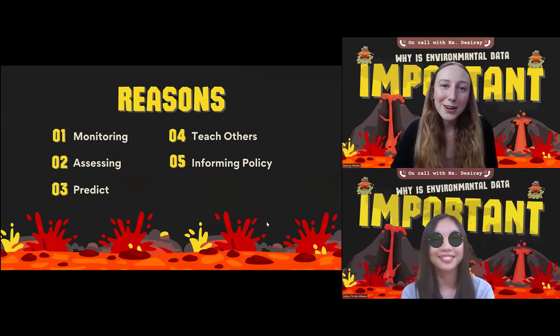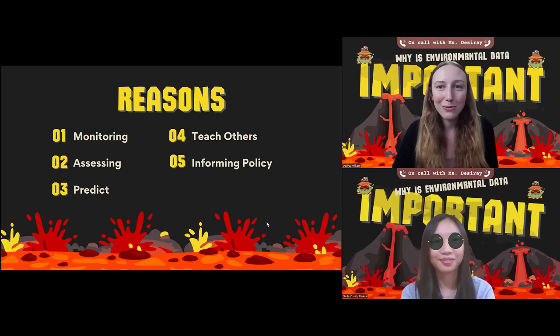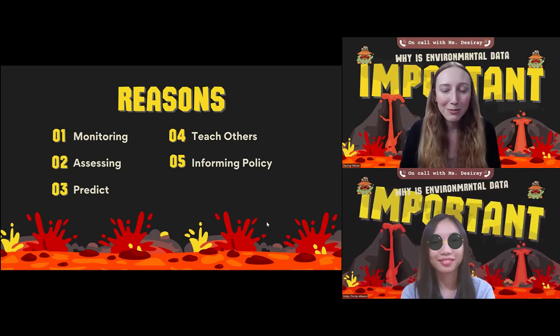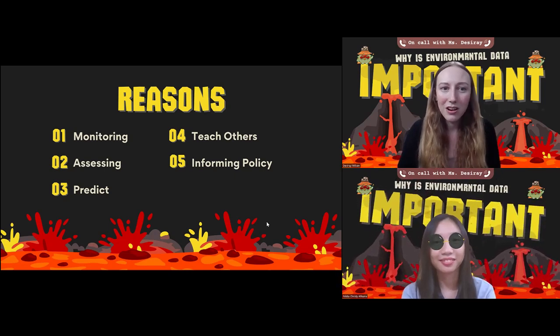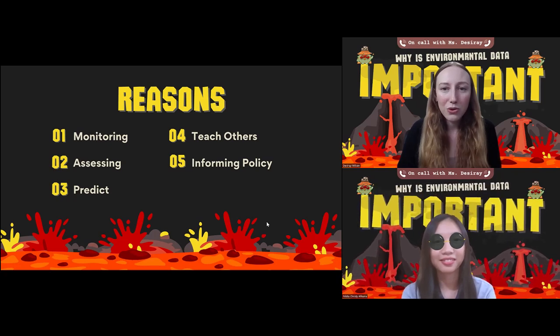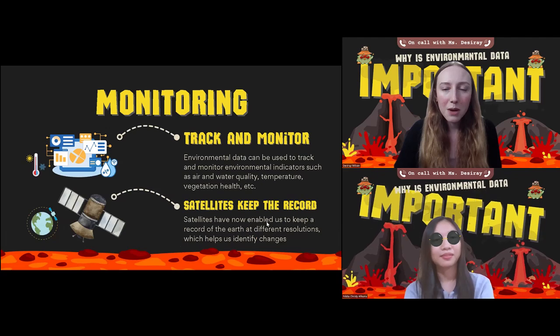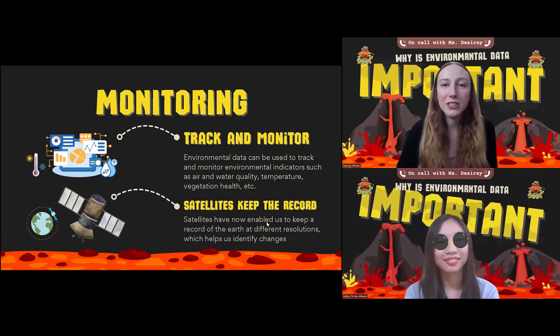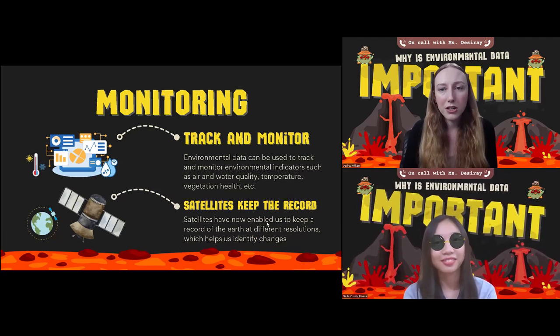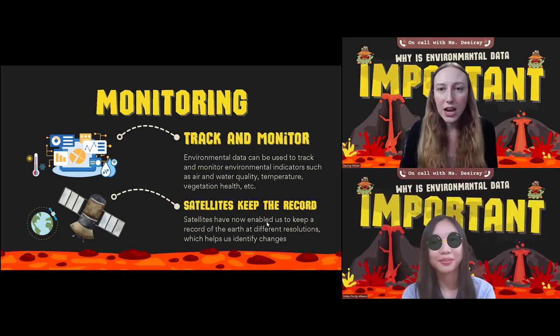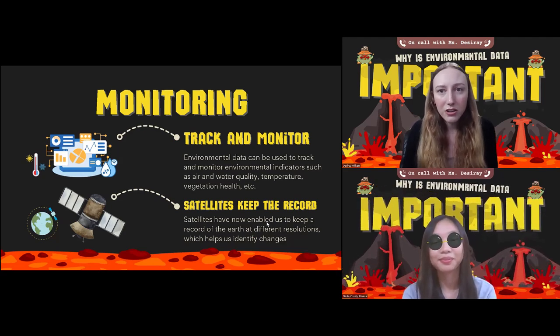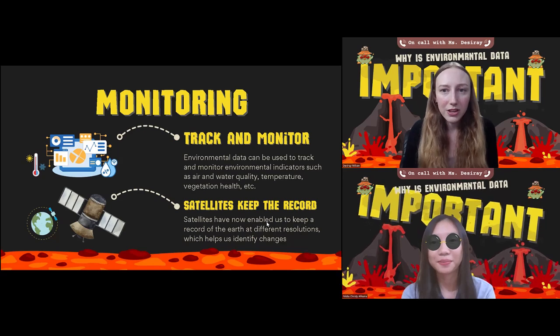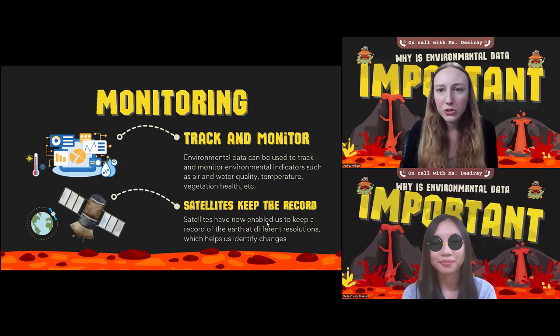So here on these slides, I've got some reasons for why environmental data is so important. We're going to go through these real quick. The first is that environmental data allows us to monitor and create a long-term record of these different environmental variables.